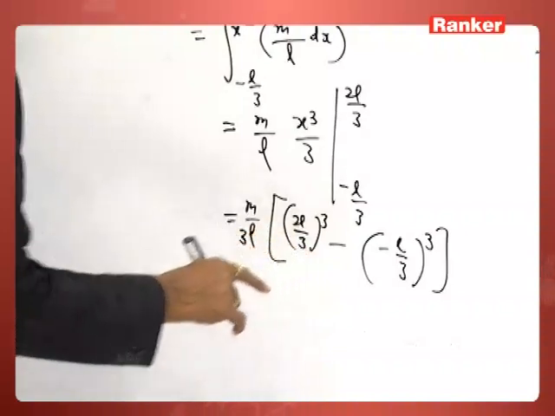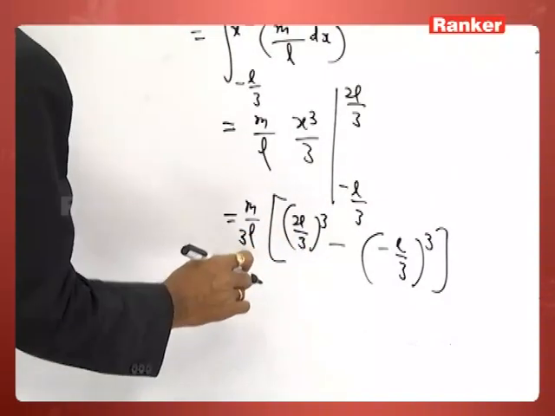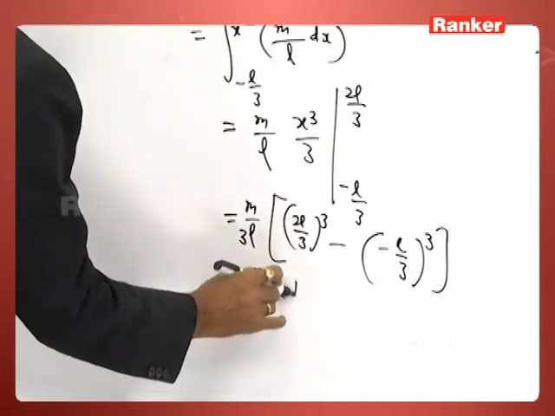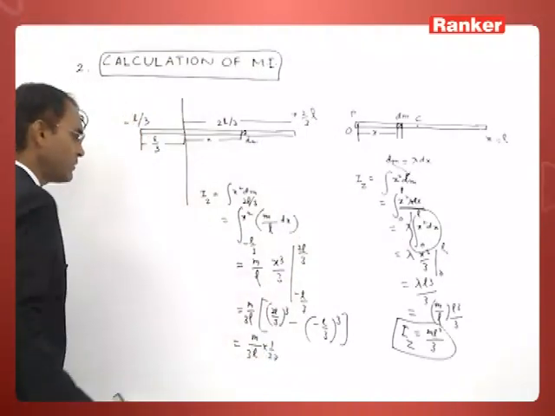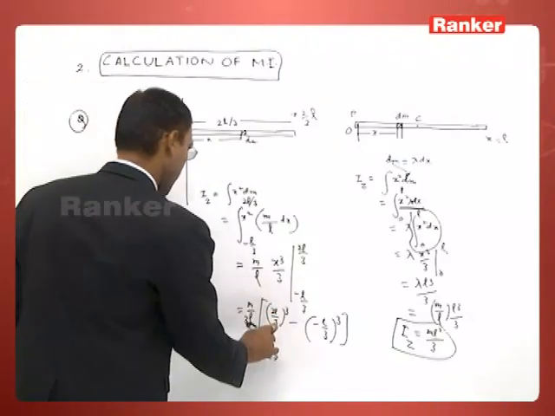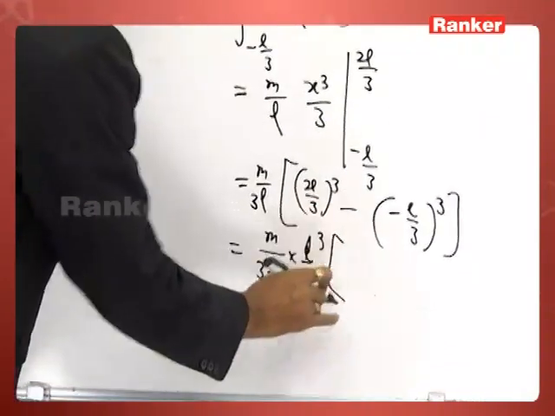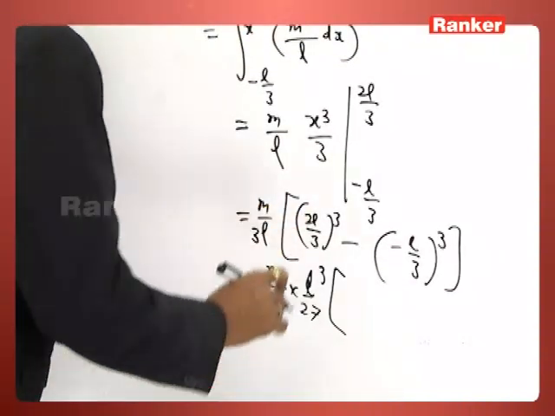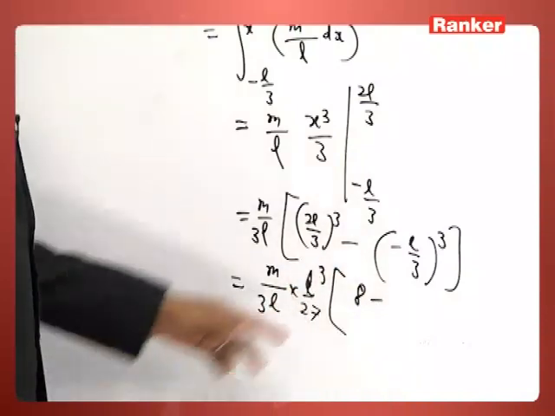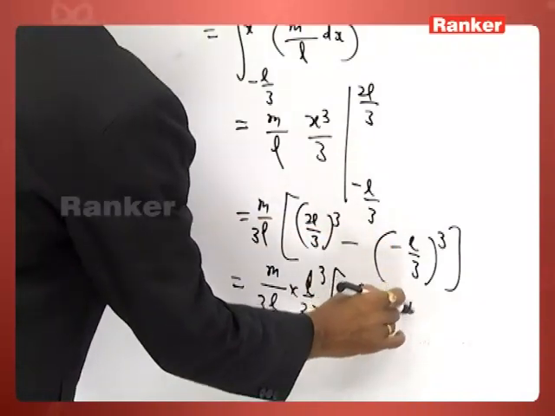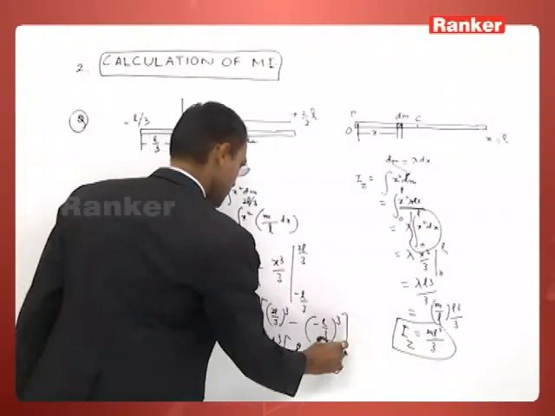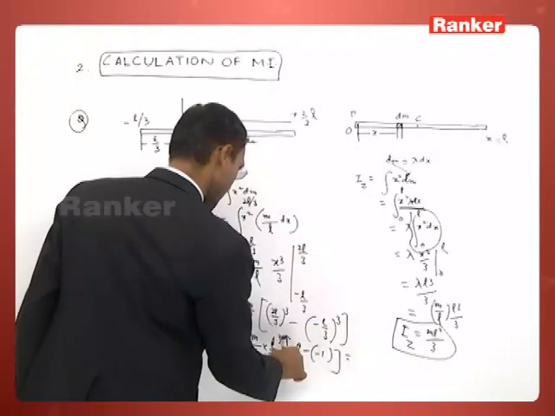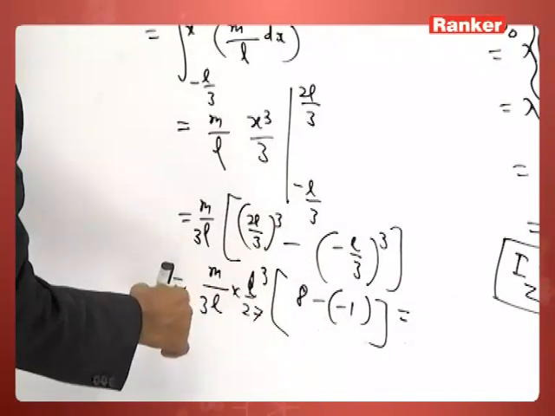The cube of 1 by 3 is 1 by 27. So M by L, 1 by 3 into 1 by 27 take common. You can take L cube also common. So you are getting cube of 2, that is 8, minus cube of minus 1, that is minus 1. So 8 minus minus 1 is 9.